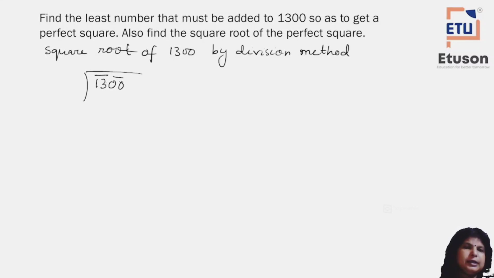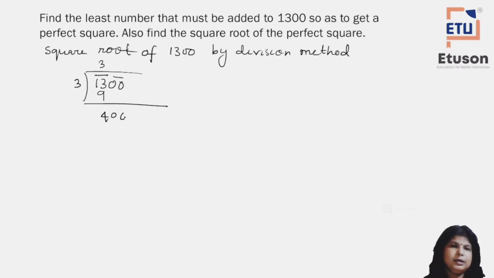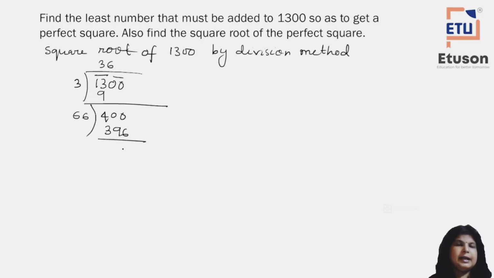So anything less than 13, so I will take 3. You have got 9 here, then 400, then you have got 6 here. So 6, I'll take 6. 66 into 6, answer is 396, and your remainder is equal to 4.